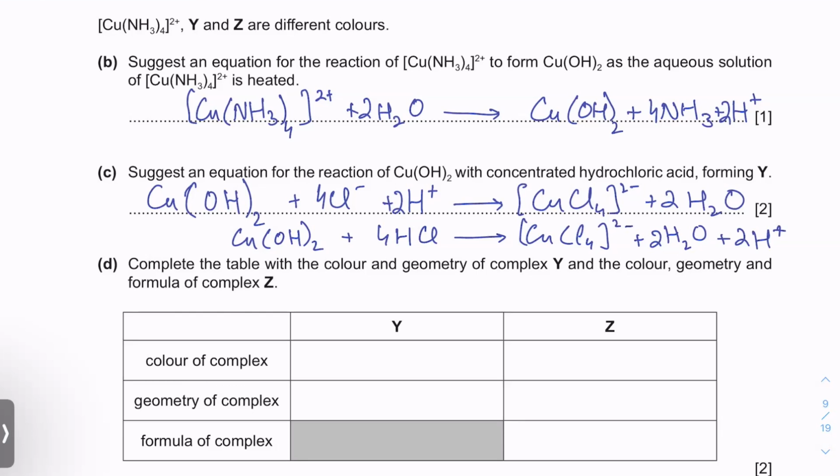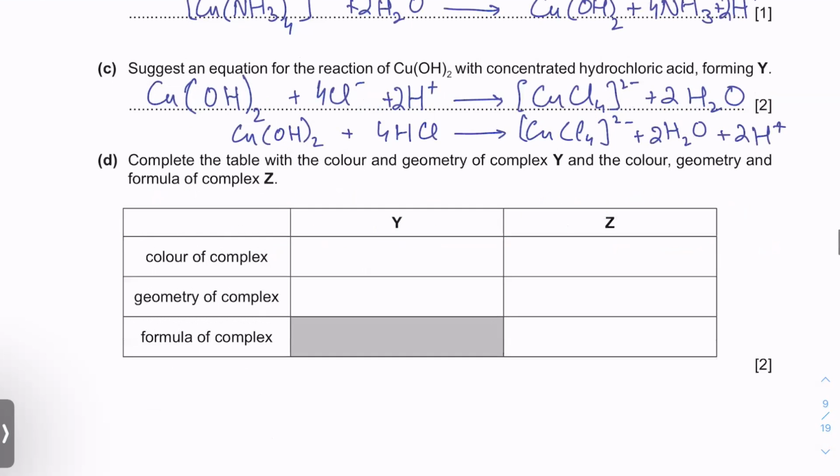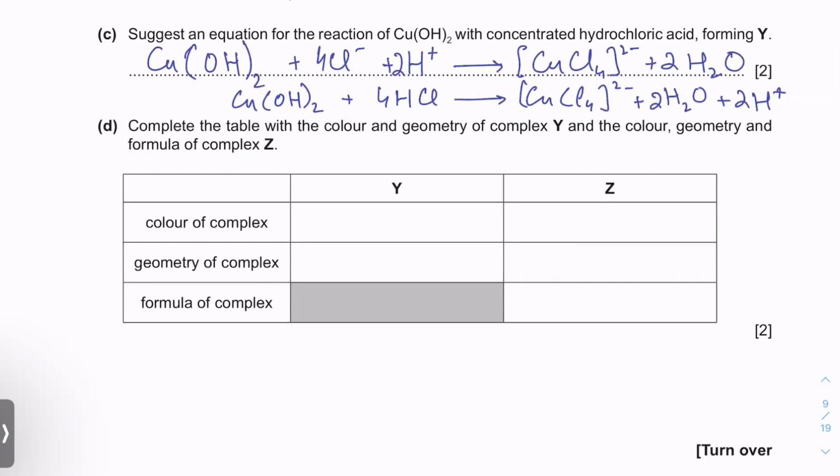But that's fine. No problem there. Okay, complete the table with the color and geometry of complex Y and the color, geometry and formula of complex Z. Okay, complex Y is copper with 4 chloride, so that is going to be yellow. And it is tetrahedral.